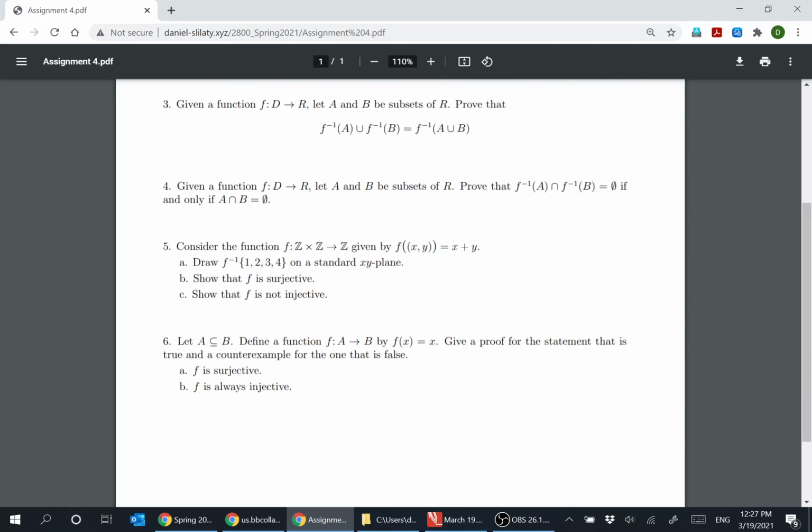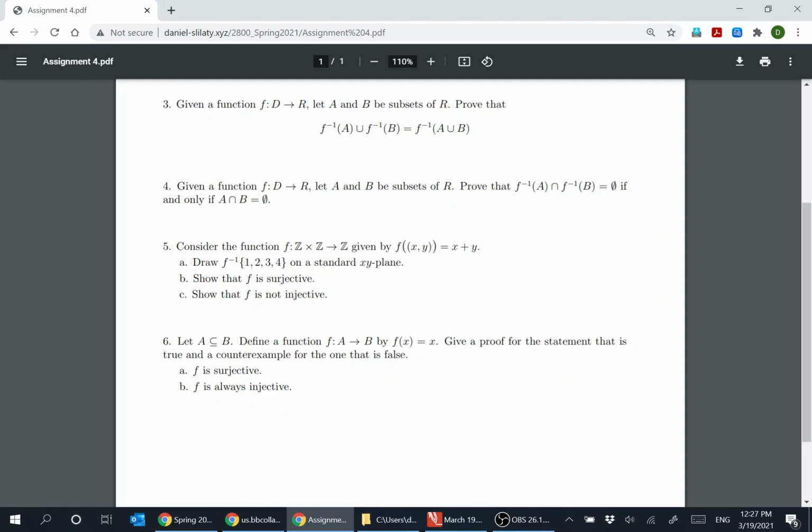Now here in number 6, one of these statements is true, one of the statements is false. Okay, I guess I should say always there. It doesn't matter, you can take the word always out even. One of these statements is true and one of them is false. Okay, so you're going to have to decide which is the case.